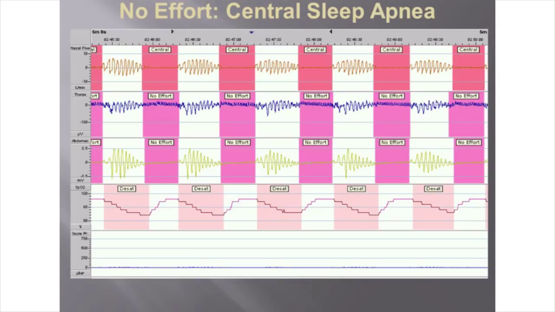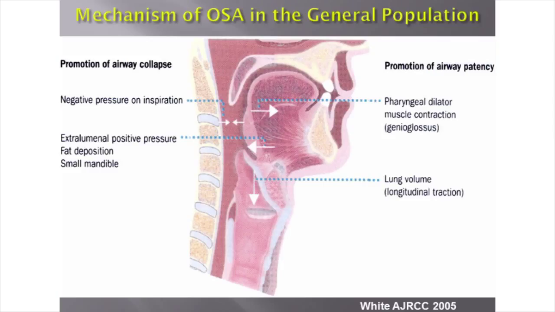This is central sleep apnea. As you can see here, there is cessation of airflow, complete cessation, and there is also no movement of either the thoracic or the abdominal muscles, with the accompanying oxygen desaturation.